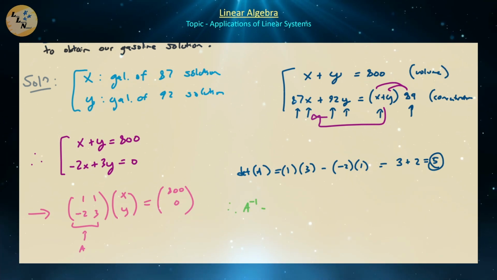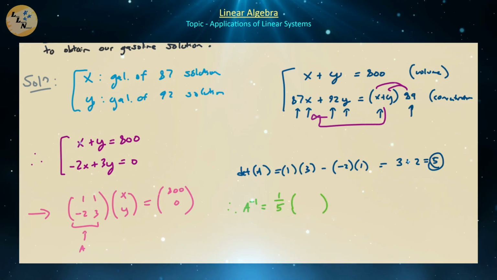So the inverse of that matrix is going to be equal to 1 divided by the determinant of that matrix. Then we're going to swap the primary diagonal entries. So instead of 1, 3, we're going to have 3, 1, and then we're going to negate the off diagonal entries.